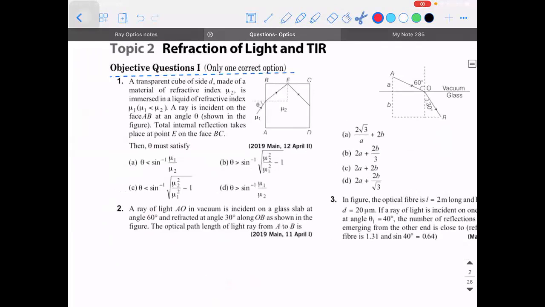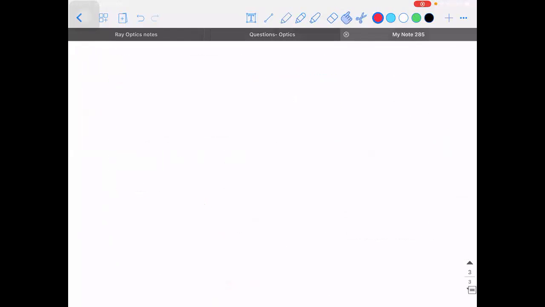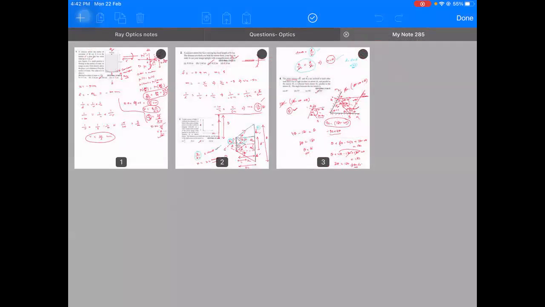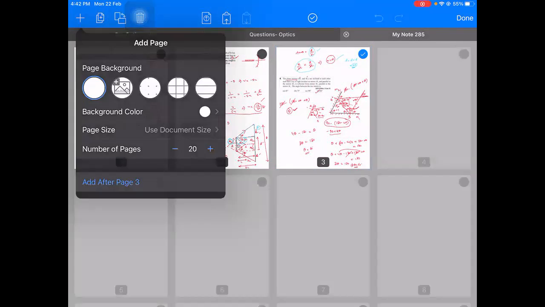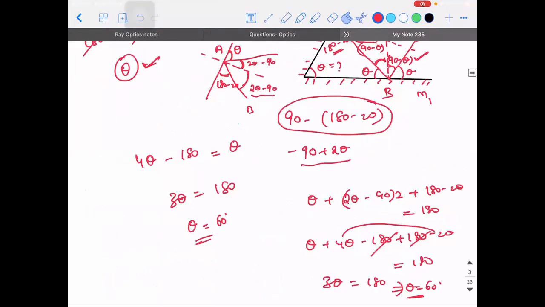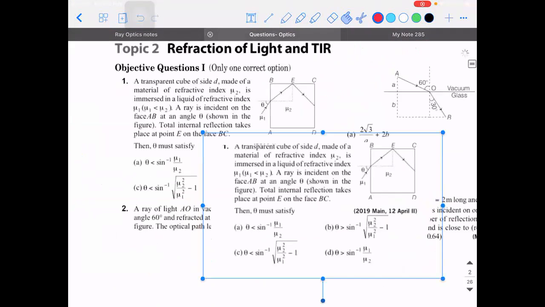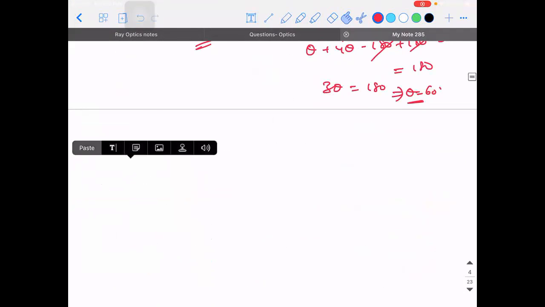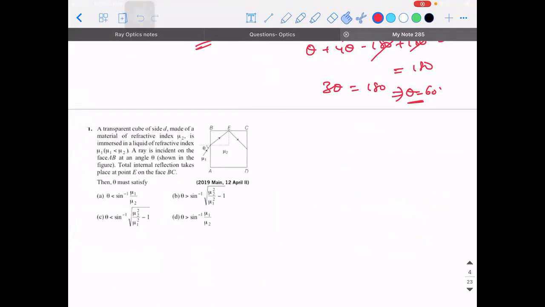A transparent cube of side d made of a material of refractive index mu2 is immersed in a liquid of refractive index mu1. Mu1 is less than mu2.